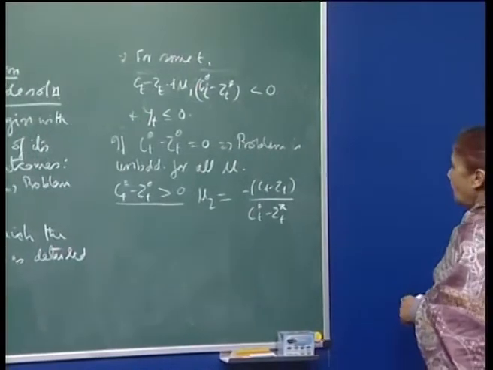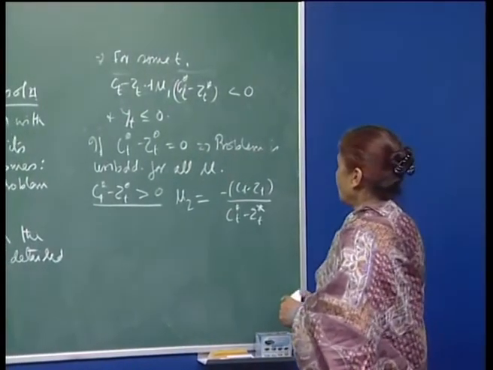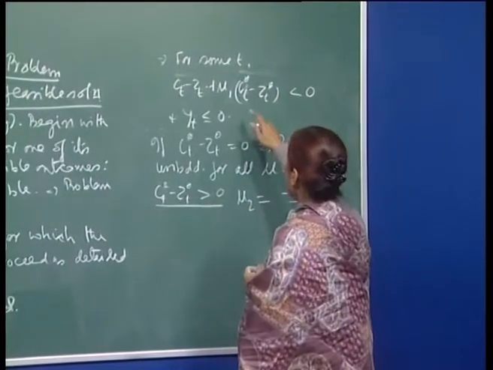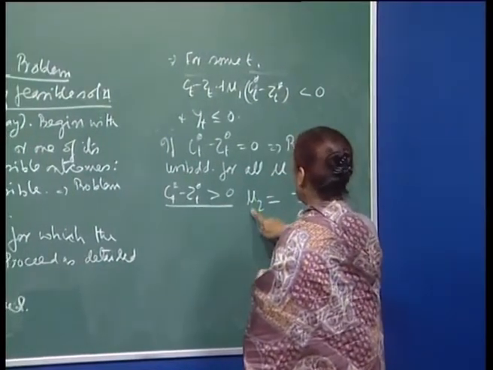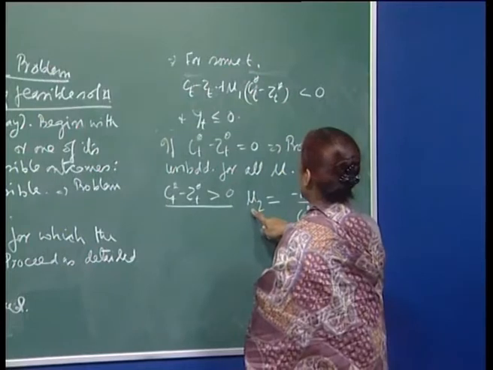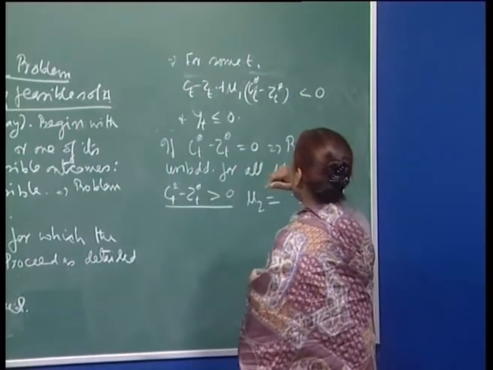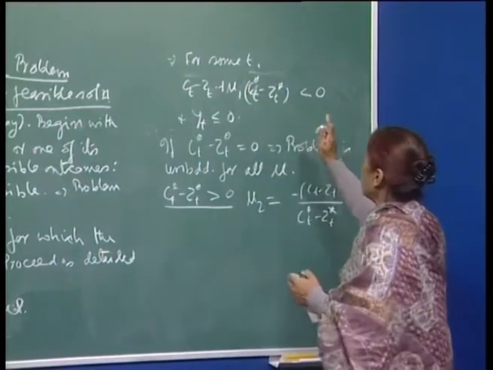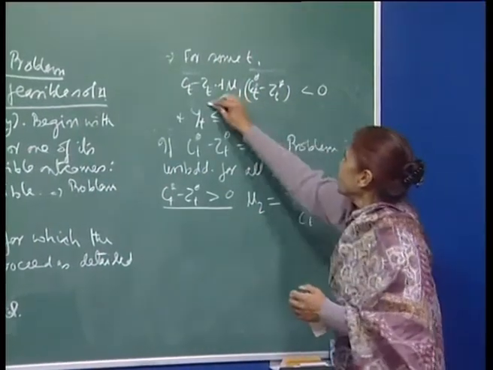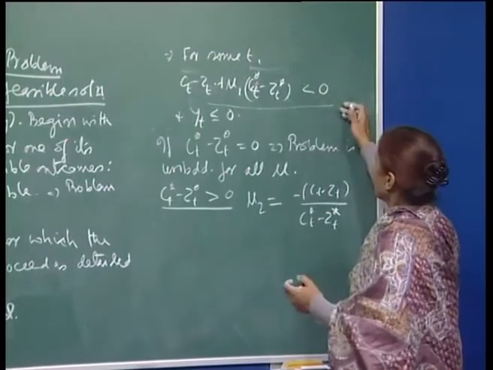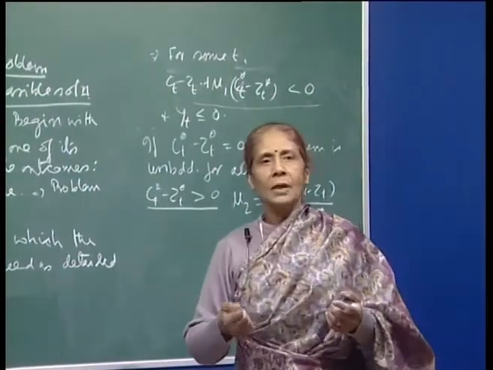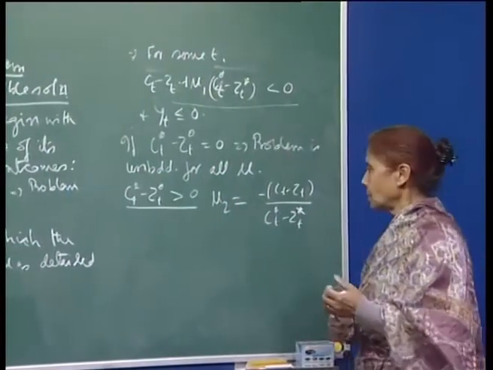And what do you see here? Ct star minus Zt star is positive. So if I choose my mu, remember, you want to see for what values of mu this will not be satisfied, because I want to know whether I will be able to get out of the unboundedness condition.